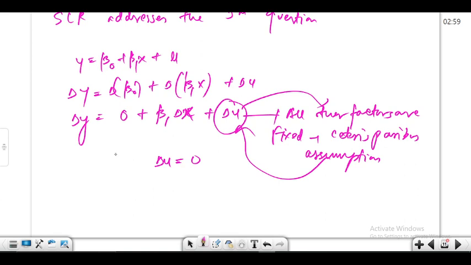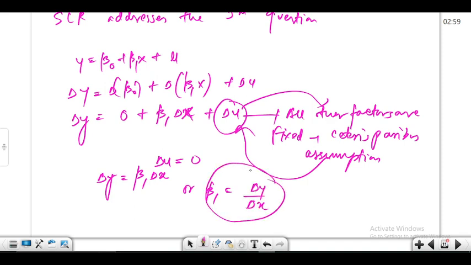So in a way delta y is equal to beta 1 delta x, or beta 1 is equal to delta y by delta x. So the model is capturing the ceteris paribus relationship between y and x. Other factors being fixed, the model is able to capture the relationship between the variable y and the variable x.